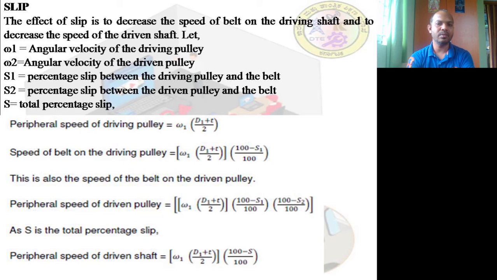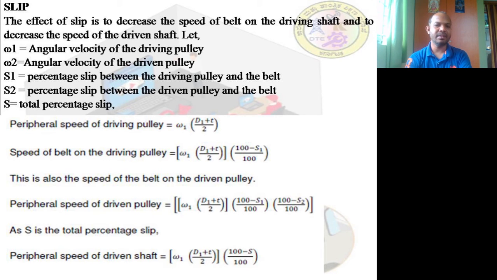Similarly, we can give the peripheral speed of the driven pulley, which is omega 1 into (d1 plus t) divided by 2, into (100 minus s1) divided by 100, into (100 minus s2) divided by 100. That gives the peripheral speed of the driven pulley.